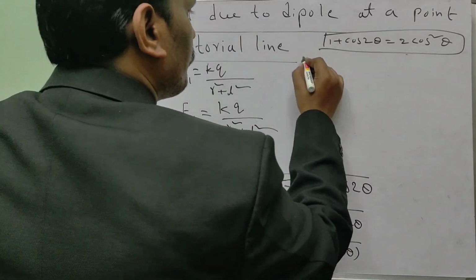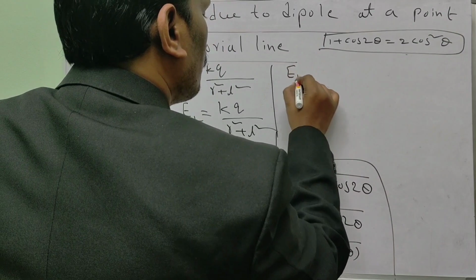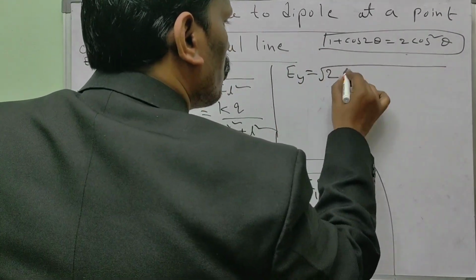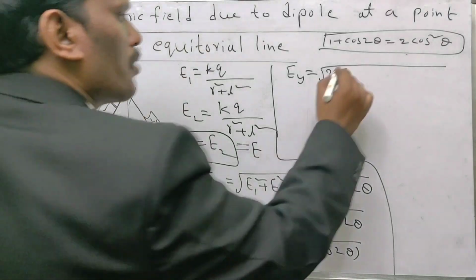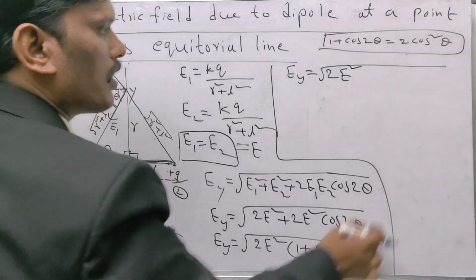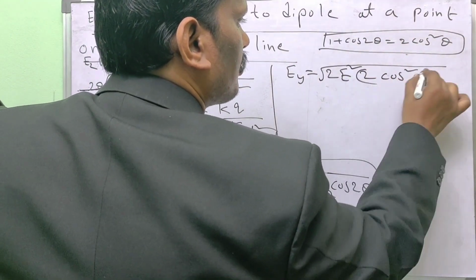Then Ey is equal to square root of 2 times E square times 1 plus cos 2 theta, and 1 plus cos 2 theta has the value 2 times cos square theta.